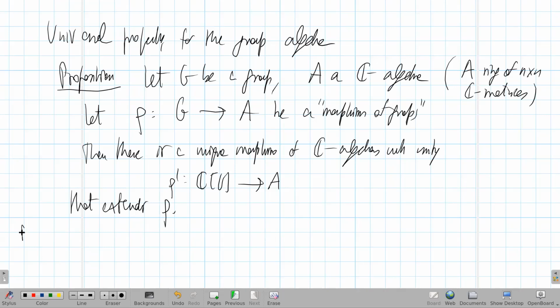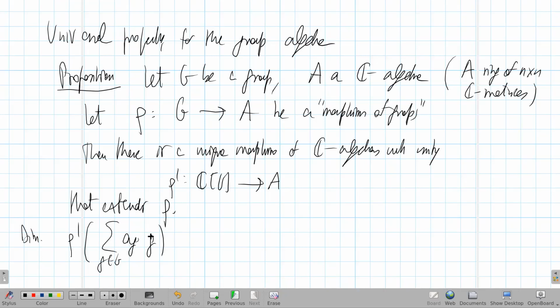The proof, I will just give a sketch, but the idea is that you are really obliged to choose rho prime, because as we said, now we can say that the elements of the group algebra are just linear combinations of this form, okay? And so if this has to be a morphism of C algebras, this respects both operations.